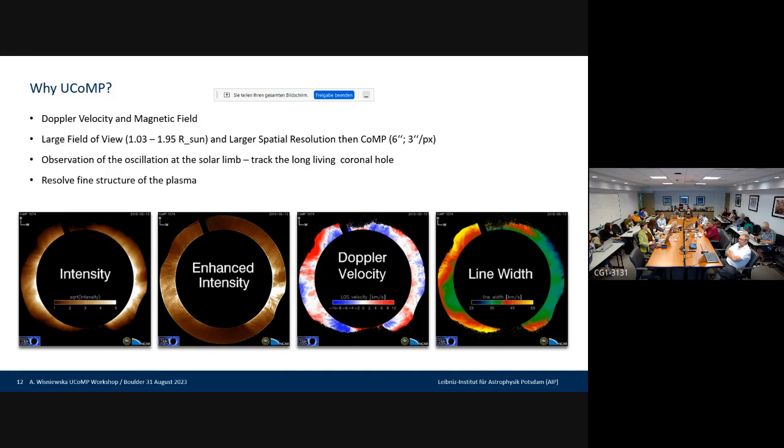We don't know, but this is an idea of how to do it, and we are quite sure that these observations can bring us more information about the propagating waves inside these kinds of features. Also, UCoMP can resolve fine structure of the plasma, which is crucial in this kind of investigation.